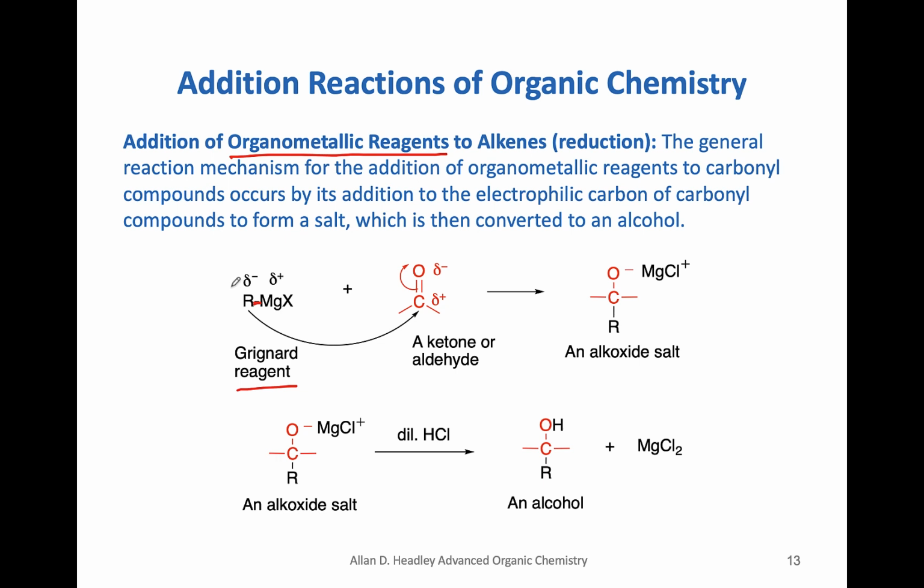In some cases it's actually described as an ionic bond, because these electrons are closer to the alkyl group, which is more electronegative for these type compounds, compared to the magnesium, which is more electropositive. With that said, this is partially negative, and the reaction with a carbon oxygen double bond, you can see here it adds here.